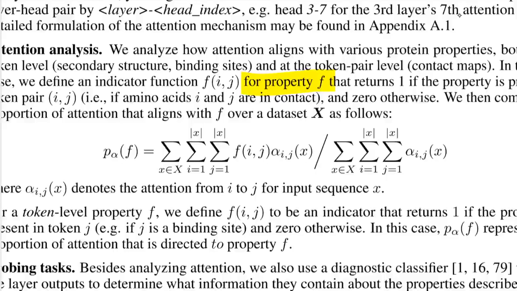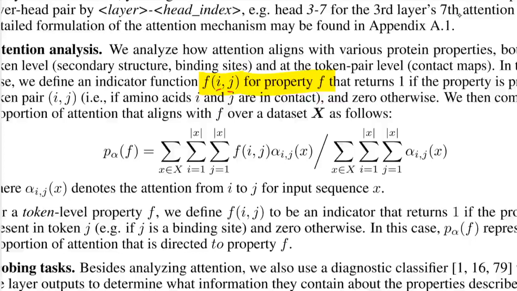The property F can also be that two amino acids are in contact with each other. So F always takes I and J. In the case of the contact property, it is simply the indicator function for when I and J are in contact.